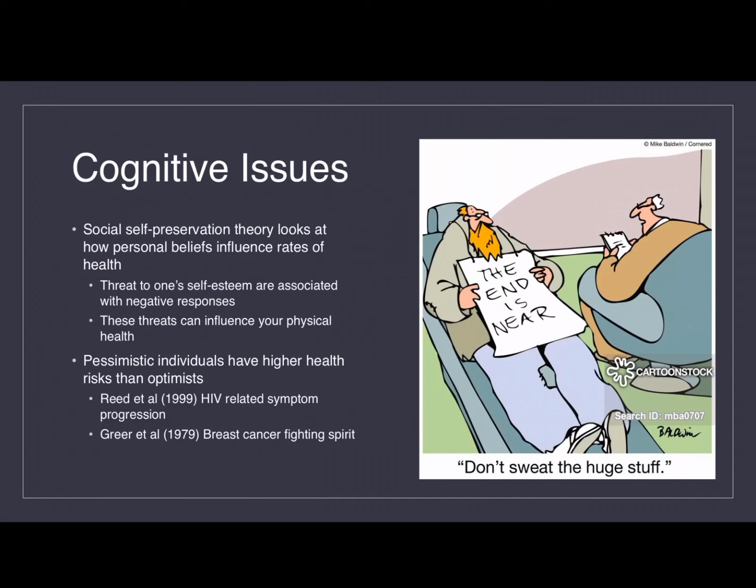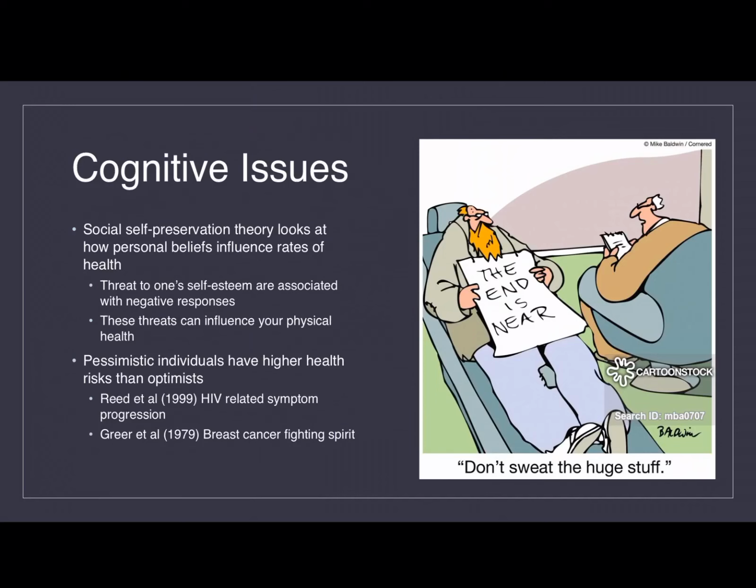So because this thing threatens my self-esteem, I might experience embarrassment or shame. I might feel humiliated. And so those negative responses, those threats will then impact your physical health. So maybe because of this shame that I feel, I now isolate myself, I become depressed, and I stop eating properly. And so that's going to have a physical impact on me, not just a mental impact.